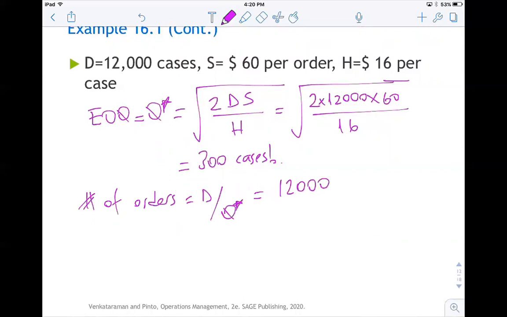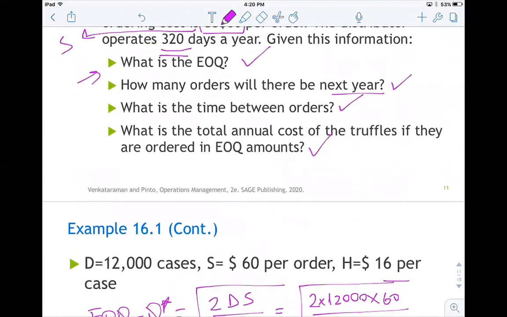If the annual demand is 12,000, and every time I give an order the lot size is 300 cases, then I should be initiating 40 orders in that year, right? That will be the number of orders that a distributor is going to initiate next year from its supplier. So every time the distributor orders 300 cases, 40 times, they will have to pay $60 as an ordering cost. Okay, that's done.